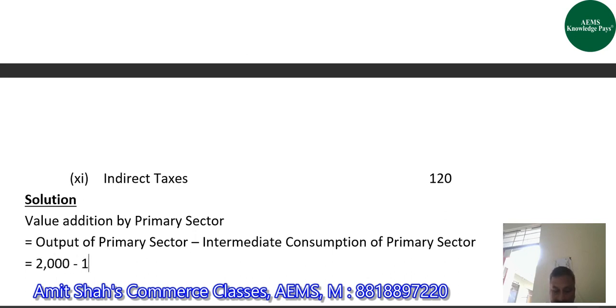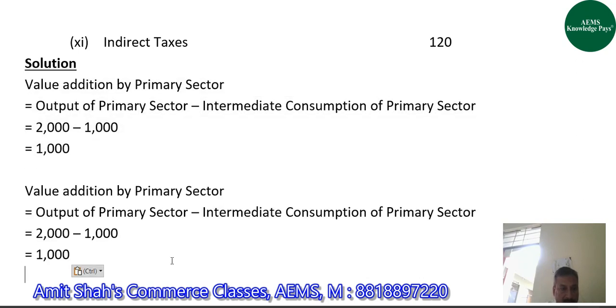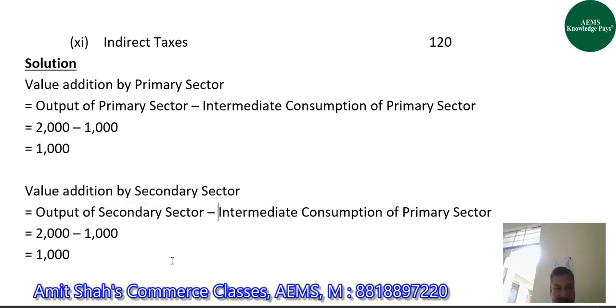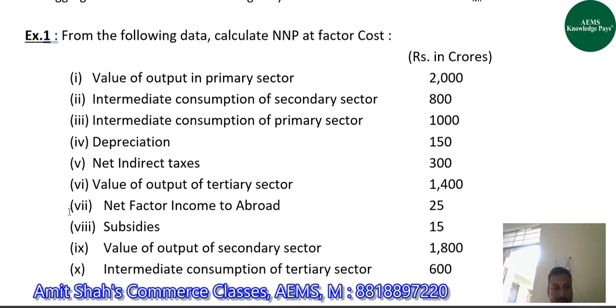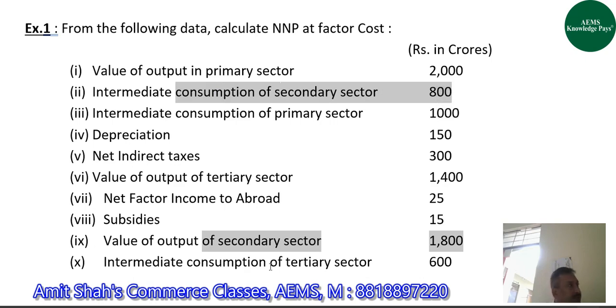It means value addition by the primary sector is 1000 crores, output minus input. Then value addition by the secondary sector: output of the secondary sector is 1,800 crores, and intermediate consumption is 800 crores.